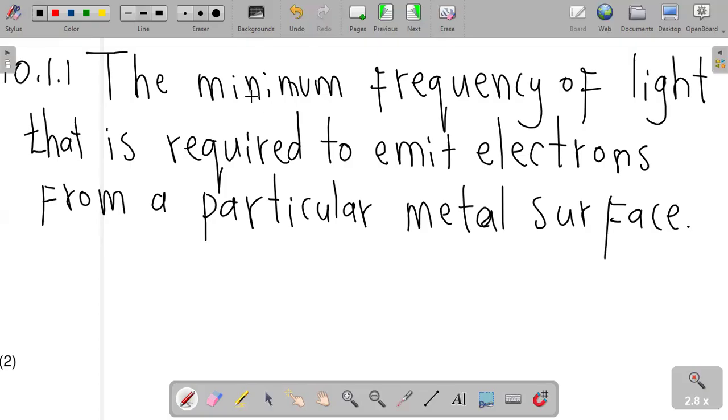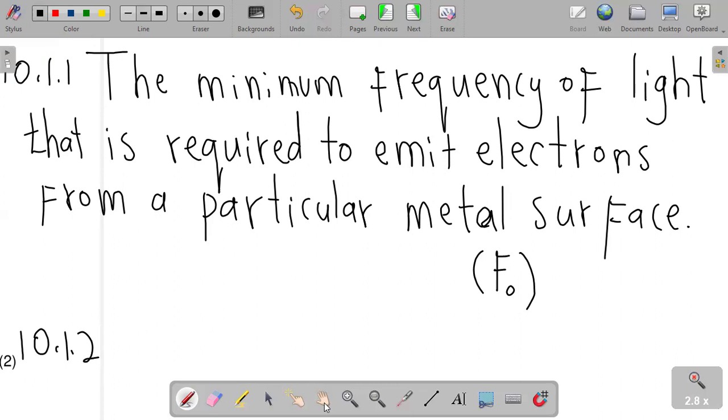This is what the threshold frequency is, and the symbol there is f naught. It's the minimum frequency of light that is required to emit electrons from a particular metal surface. That's what it is.